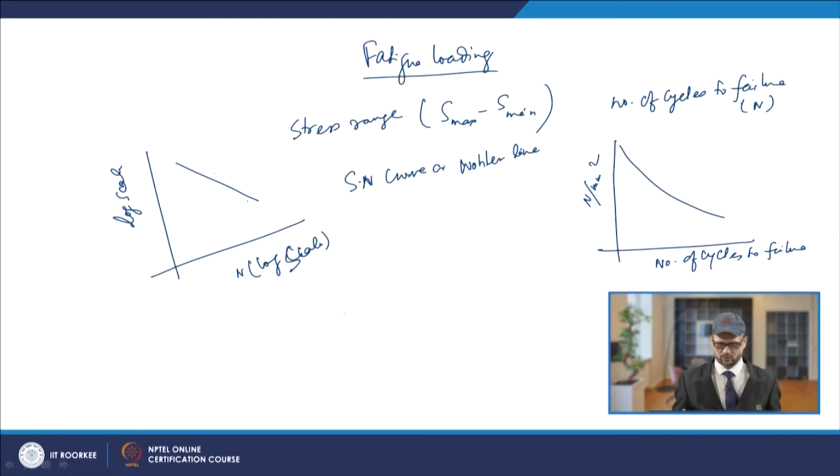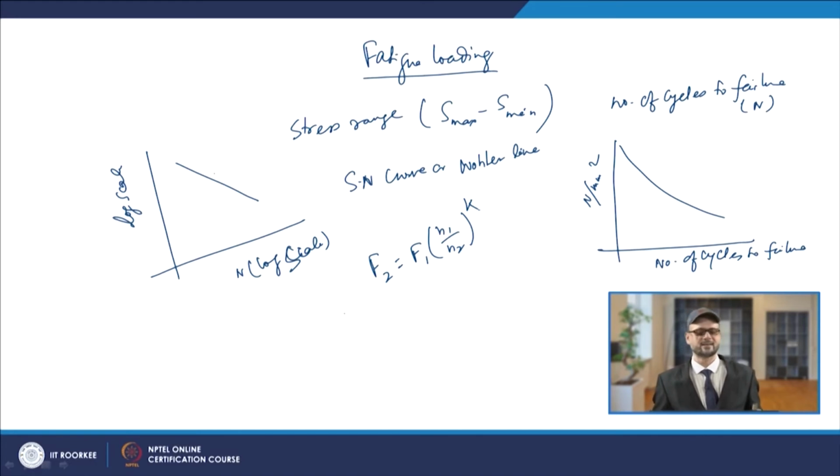Once you have the log scale, you will have equations which represent these lines. That will be represented by the equation F2 equal to F1 into N1 by N2 raised to the power k. Suppose for the stress value F1, the number of cycles up to which it sustains is N1, and for N2 it will be F2.